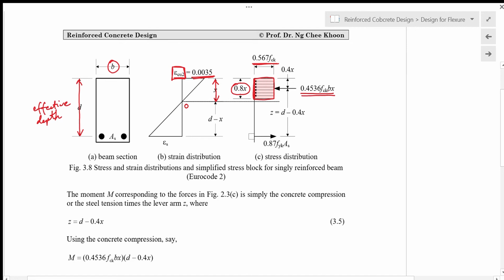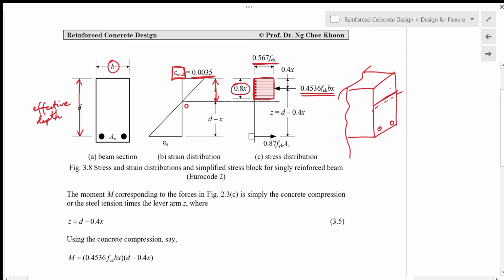If we take a cross section, let's see it in 3D. This is the cross section in three dimensions, and this is the neutral axis, let's say.